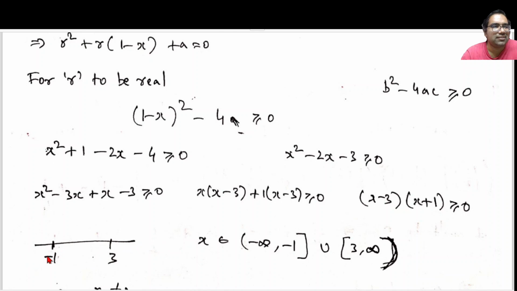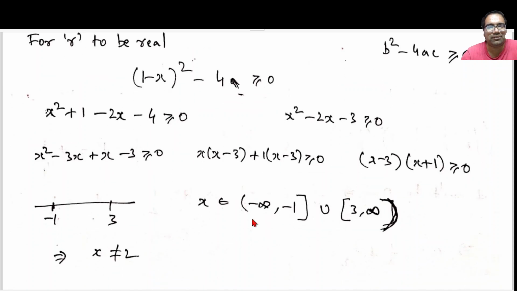If x is less than or equal to minus 1, say for example minus 2, then both factors are negative and the product will be positive. But if x is somewhere in between, then one of them is negative and one is positive. For example, if x is 2, then x minus 3 is negative and x plus 1 is positive, so this will not hold. So x has to be on or before minus 1, or on or after 3.